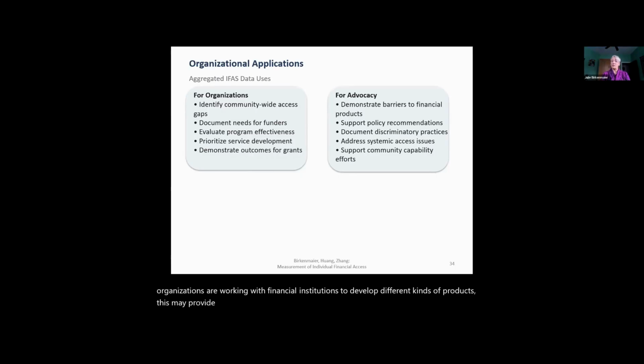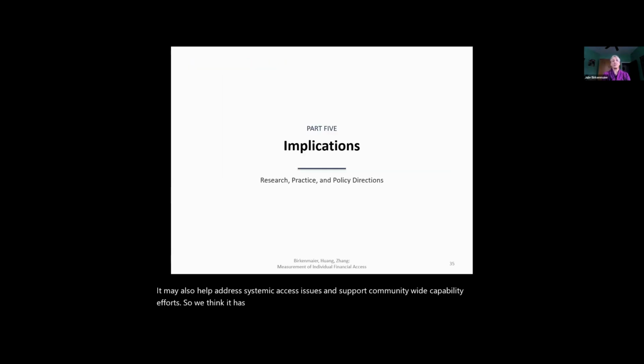It could also support policy recommendations around consumer-friendly banking, and particularly that institutional aspect that Jin was talking about earlier that really drives a lot of the effects here. It may also help address systemic access issues and support community-wide capability efforts. So we think it has organizational and advocacy implications.